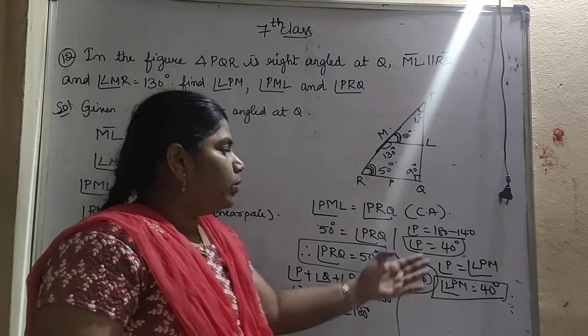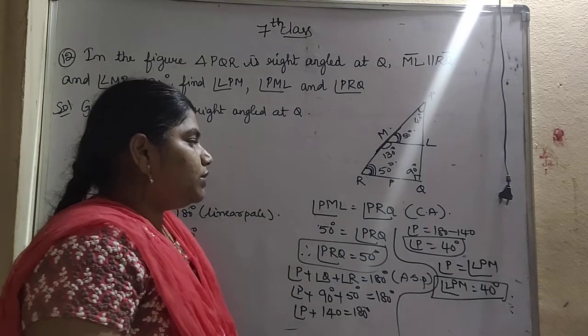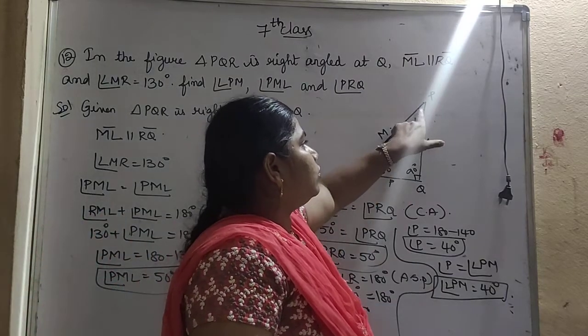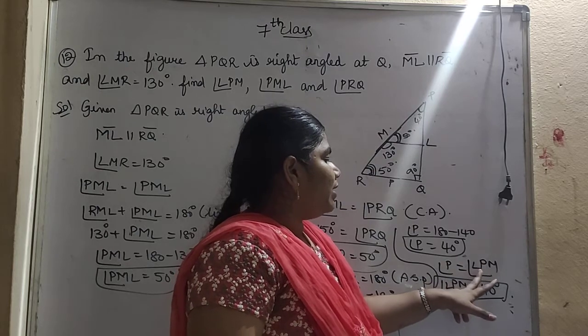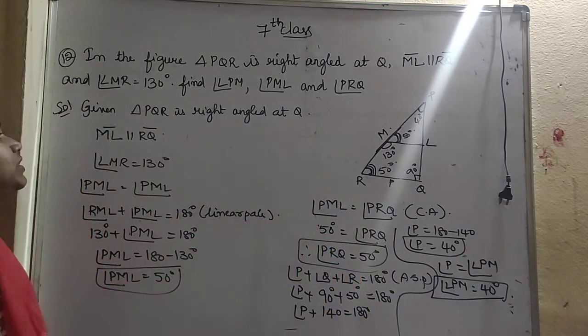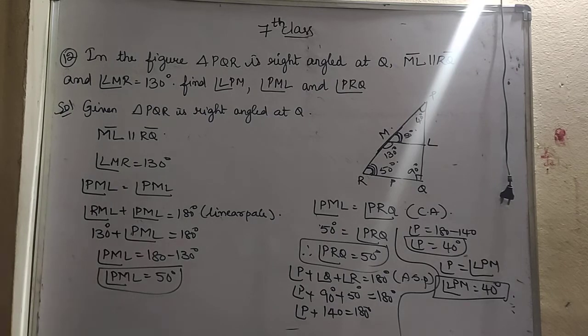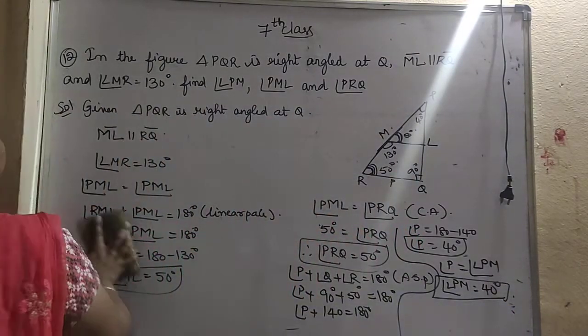Transpose this value, that will become minus. So angle P is equal to how much? 40 degrees. So angle P we can also write in the form of LPM. So angle P will be equal to angle LPM. We got the angle LPM value as 40 degrees. So this is our 12th solution. So next one, last one in this, that is the 13th solution.